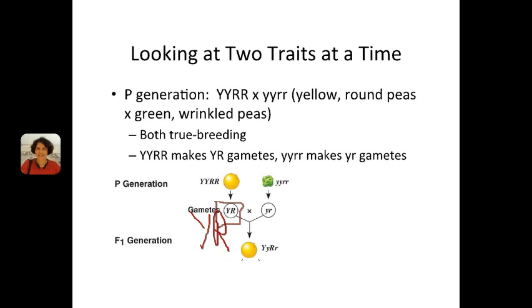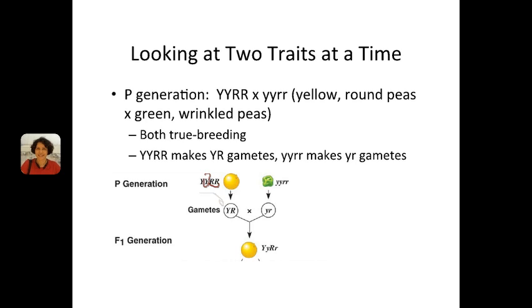In meiosis, you're going to separate the homologous chromosome pair, so you're going to take the big Y on one side and the big R on the other side, and that's going to give you big Y, big R. Any combination of Y and R is going to have big Y and big R. You can take this Y with that same R as before, and you still get big Y and big R.